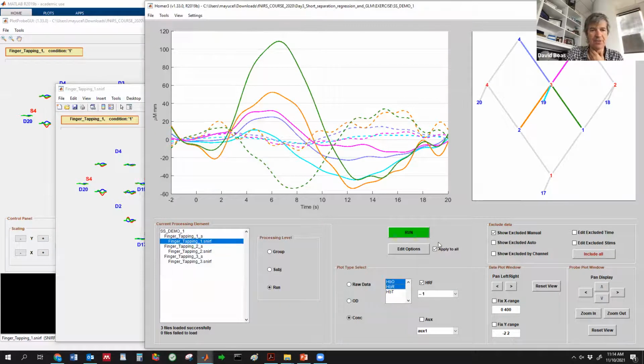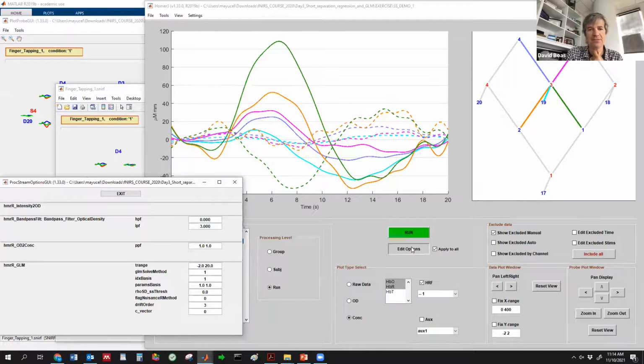So now I'm going to go back and edit the options, and I'm going to change this short separation regression to 15 millimeters. So all channels that are 15 millimeters or shorter in distance are going to be called short separation channels and be available for doing short separation regression with the long separation channels.